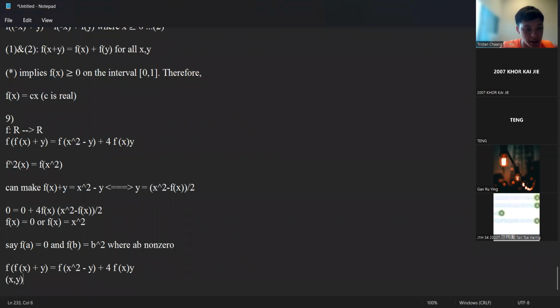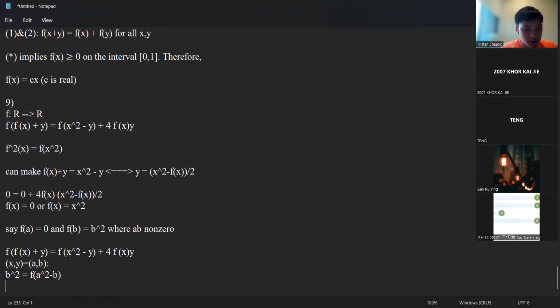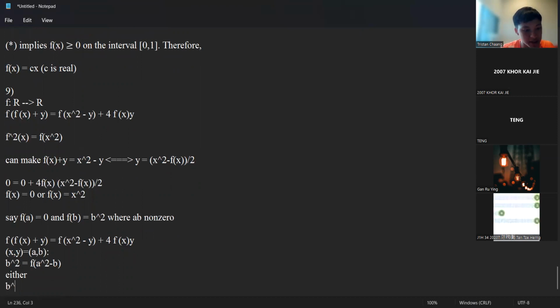So x, y are a, b. Let's quickly substitute this in. The left hand side is 0 plus b squared. The right hand side is f of a squared minus b, plus 0. So either b squared is a squared minus b squared, or b squared is 0, which is false.